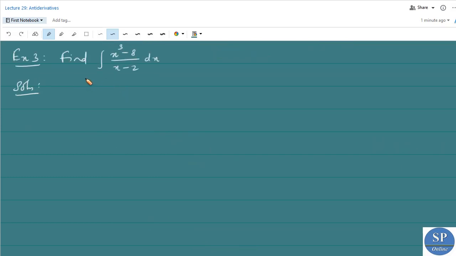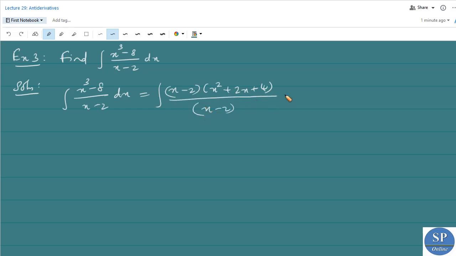Next one, find integral (x cube minus 8) divided by (x minus 2) dx. To integrate this function, we can just simplify this. That is integral of (x cube minus 8) divided by (x minus 2) dx is equal to integral. This is actually x cube minus 2 cube. So we can express this x cube minus 2 cube as (x minus 2) into (x square plus 2x plus 4) divided by (x minus 2) dx.